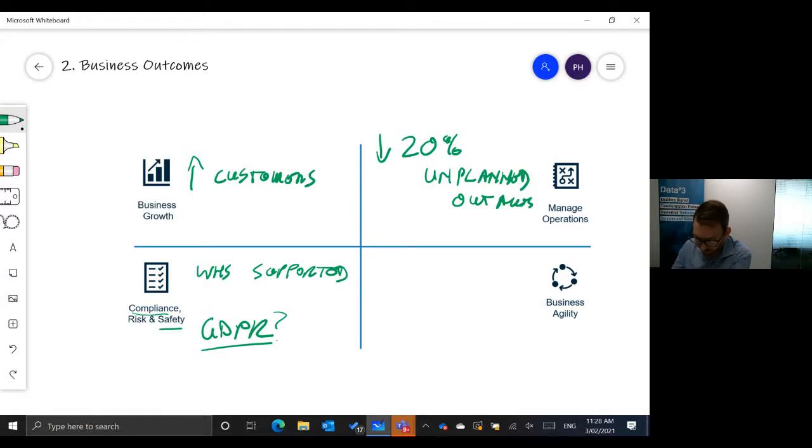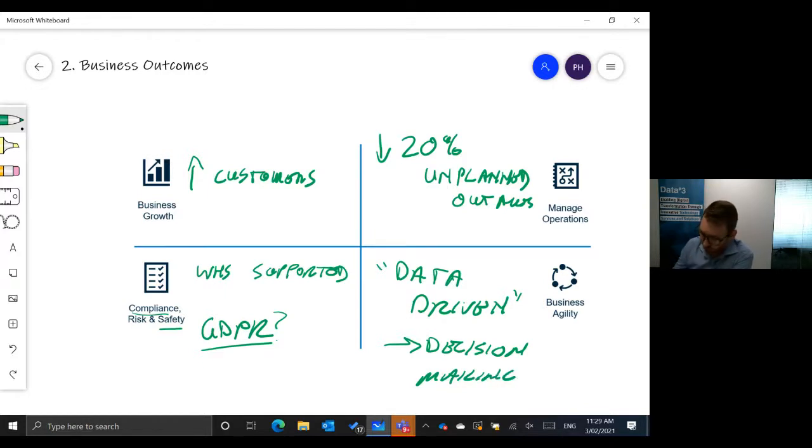And lastly, they've talked about being data driven. That helps with business agility. And if you're able to be agile and use your data, it can help with that decision making. Hopefully, it reduces that reliance on those gut instincts we saw in some earlier research before.